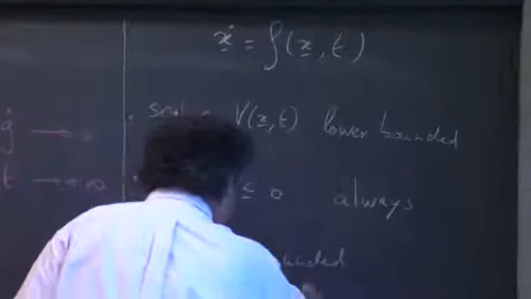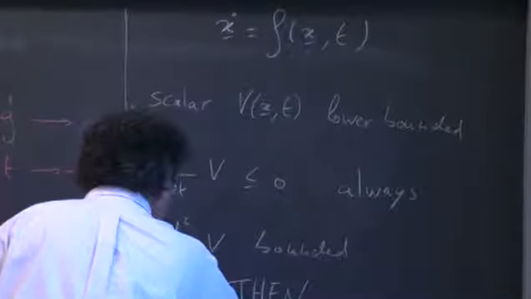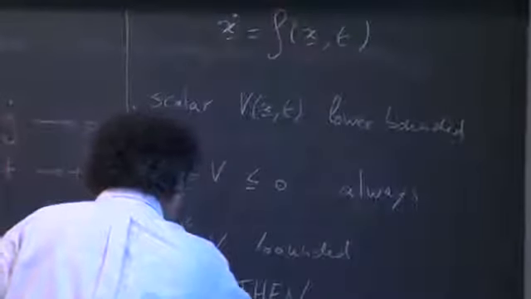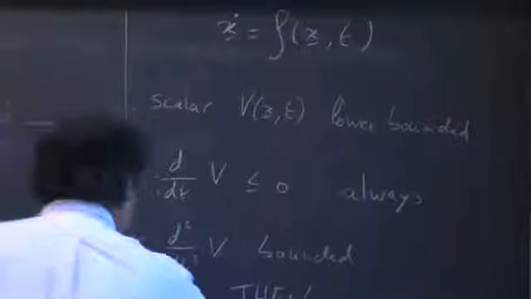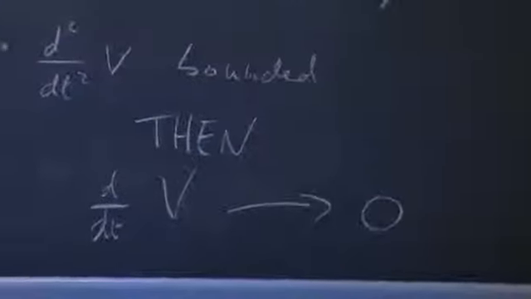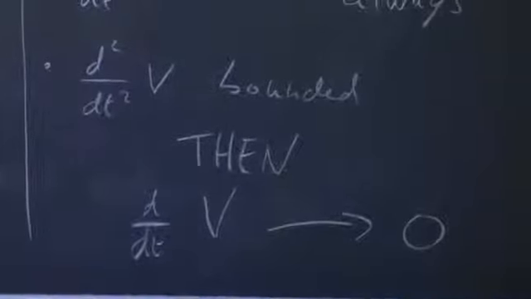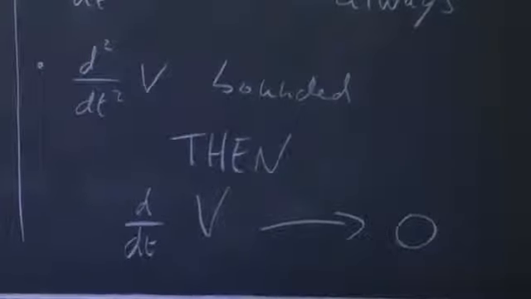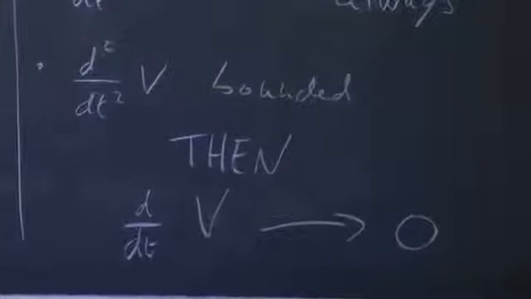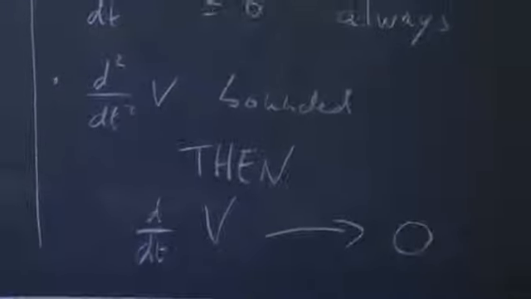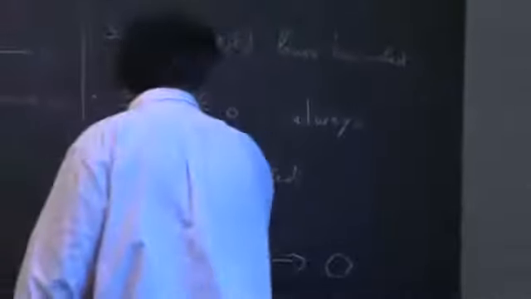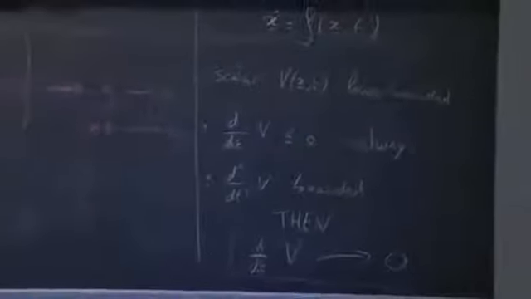Then d over dt of v tends to 0 as t tends to infinity. So that's the result. What the theorem says, we're going to prove this.